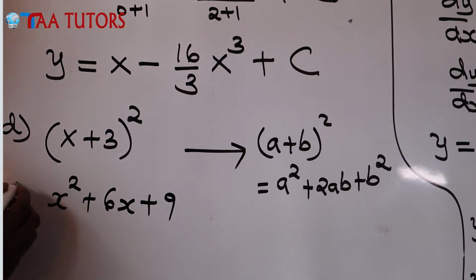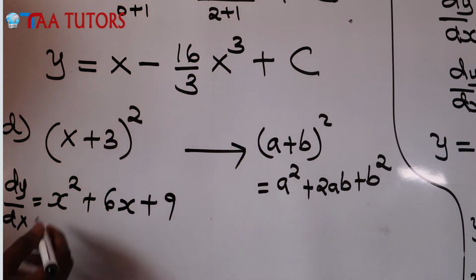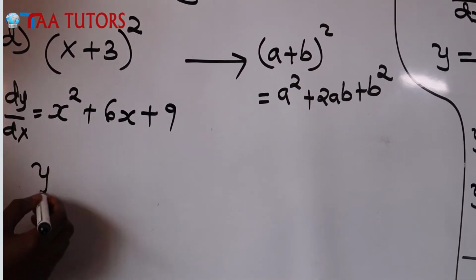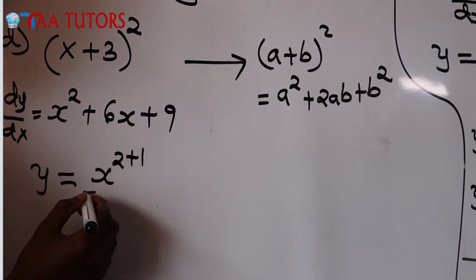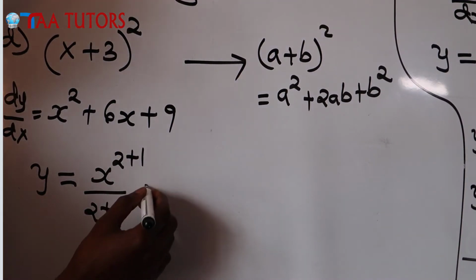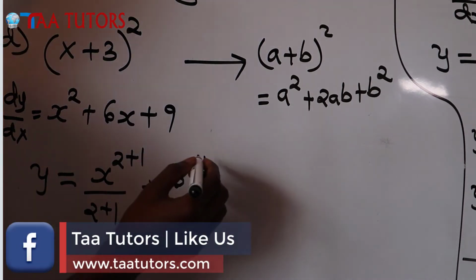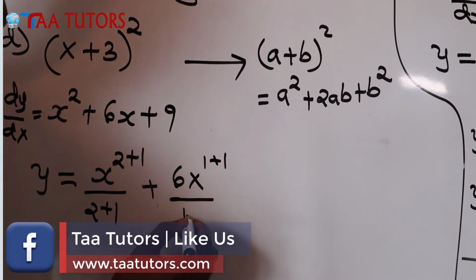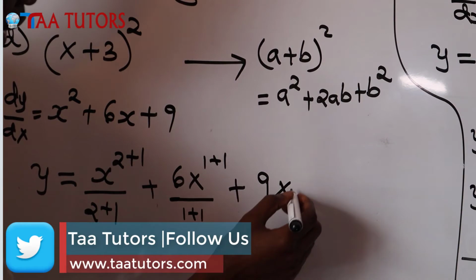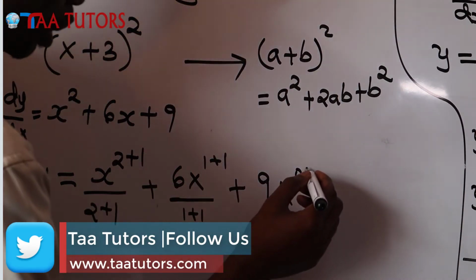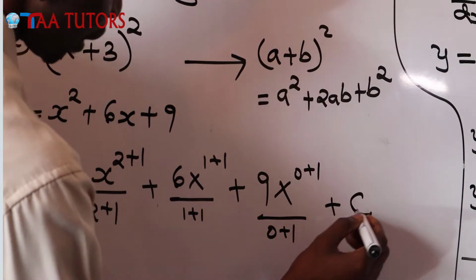So we know that we can say dy dx, after expanding, equals this. From here we can say y will be x power 2 plus 1 over 2 plus 1, plus 6 into x, where x is the same as x power 1, then we add 1 over 1 plus 1, plus 9, and 9 is the same as 9x power 0, so plus 1 over 0 plus 1, then plus c.